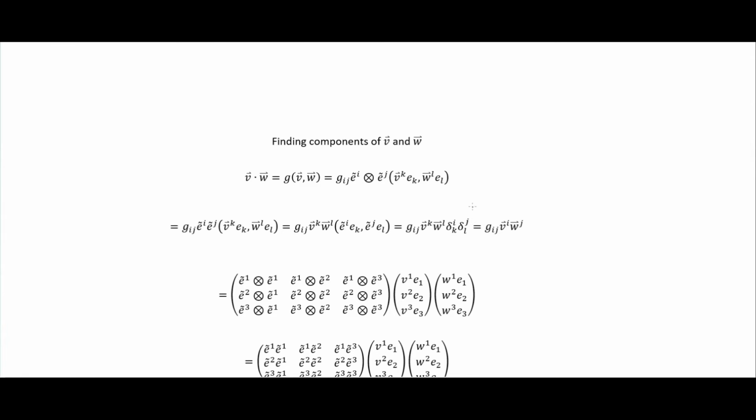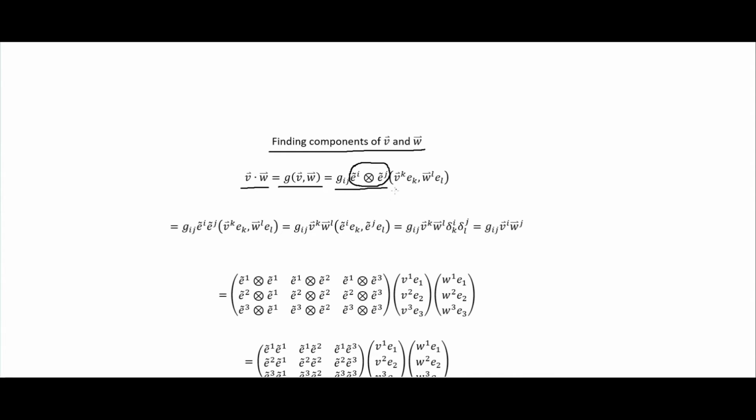And so the metric tensor can also be used for finding the components of two vectors v and w. So we have our v dot w here. So this is sort of looking at it in that bilinear function form like this. And so we can actually expand that out into this. And so once again, I have that outer product or tensor product version of our e_i and our e_j there.